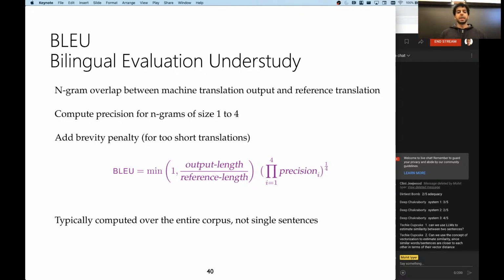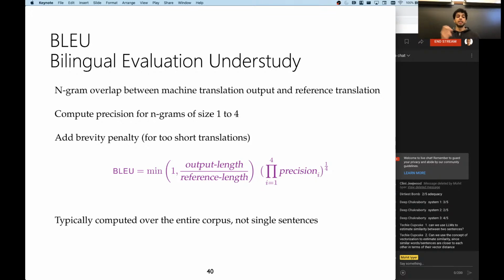Basically, they get around the lack of order issue that we noted with the word level precision and recall, by computing precision at different n-grams. You can compute precision for unigrams, which is what we just saw, or you can compute precision for bigrams, so all 2-word chunks.